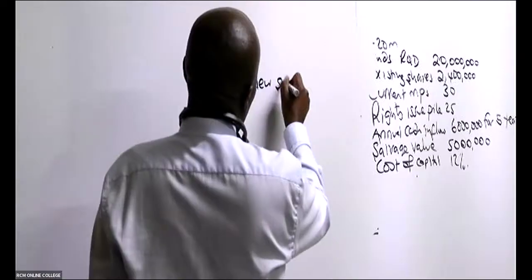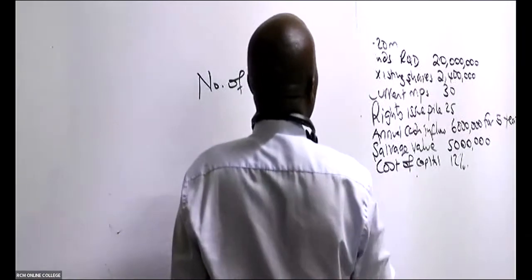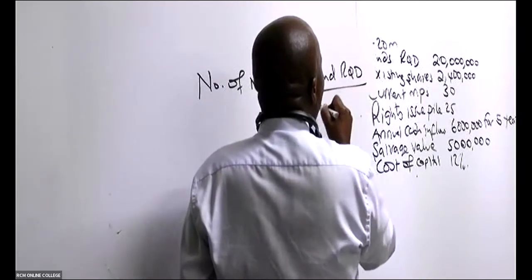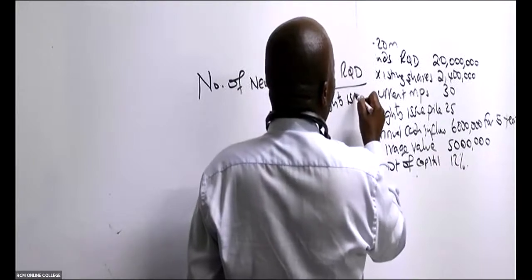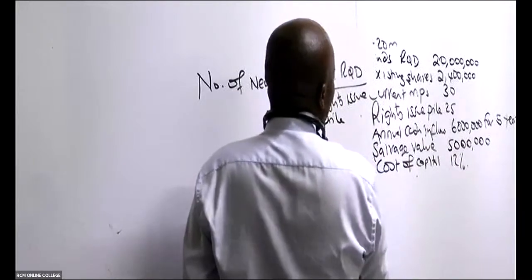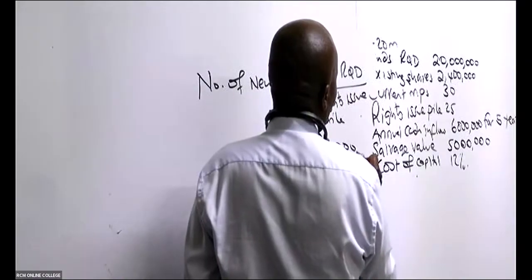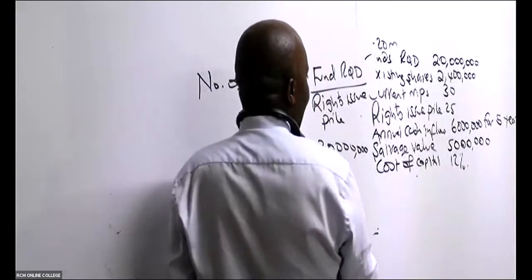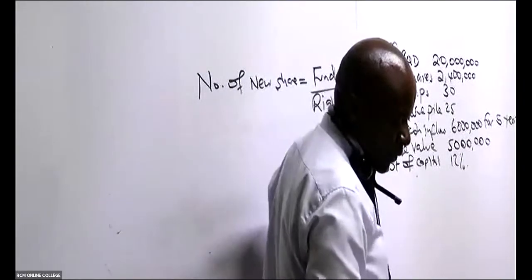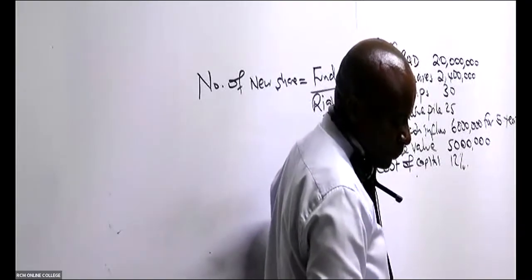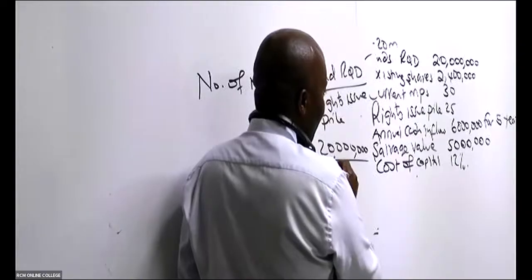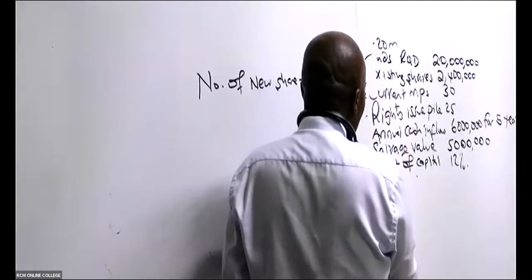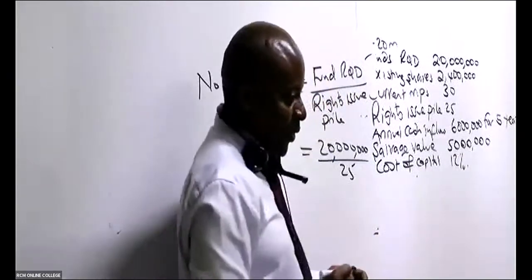New shares is the funds required over the rights issue price. How much do we need in total? 20 million. You told me that, isn't it? And are you able to see the rights issue price, my good students? The rights issue price is 25.